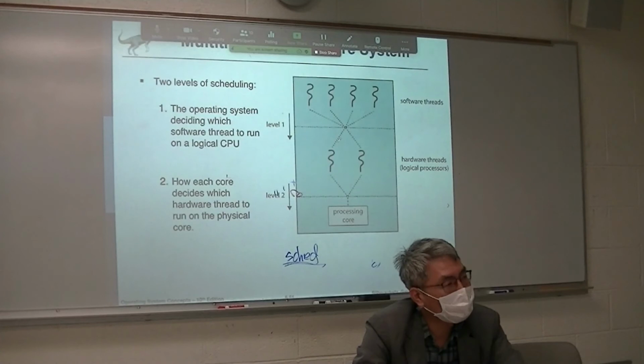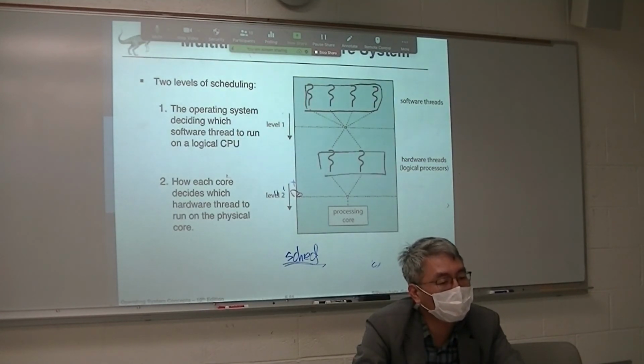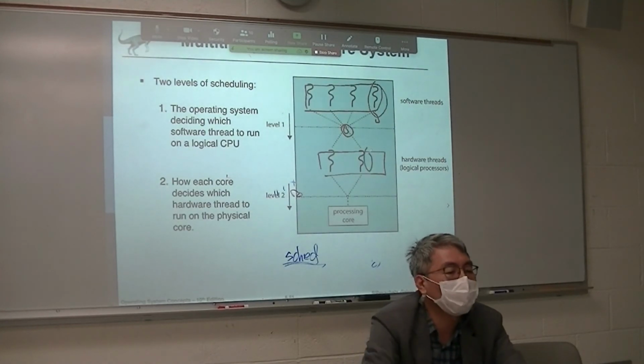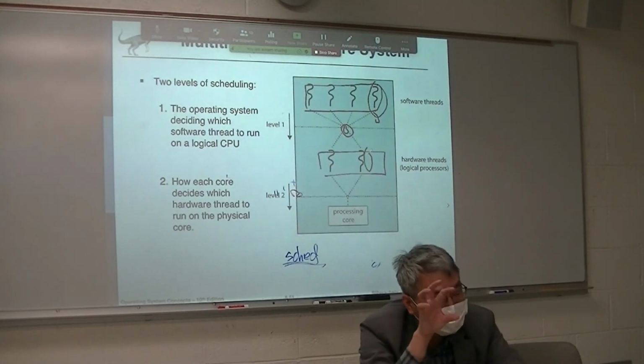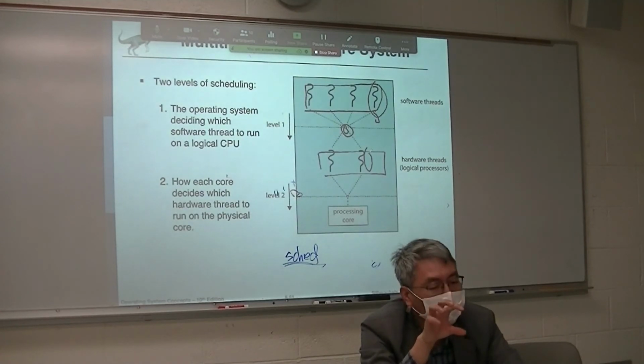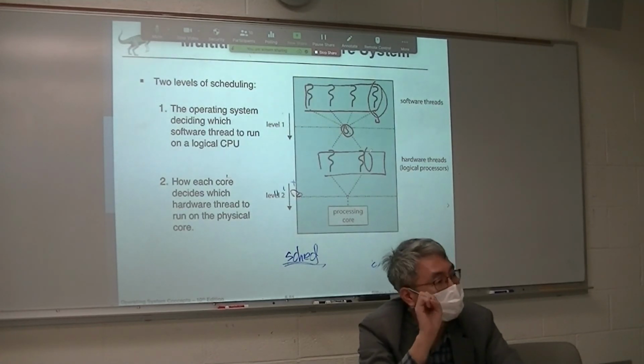I think we already discussed this one during threads. One of the issues of threads is that we have a number of user threads and a number of kernel threads. This is called the lightweight process. So the LWP needs to schedule and assign between the user threads and kernel threads.